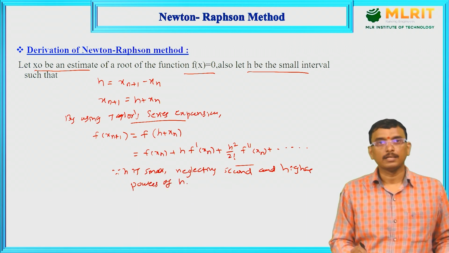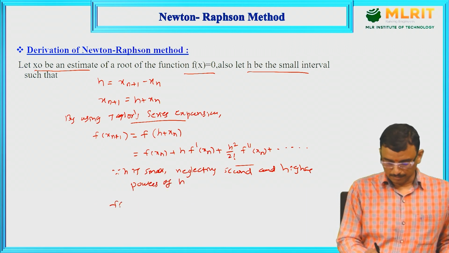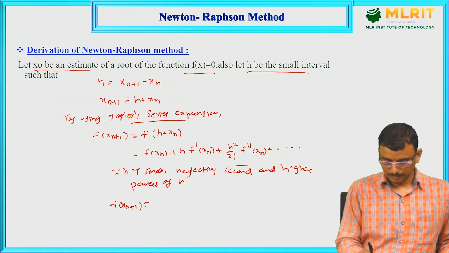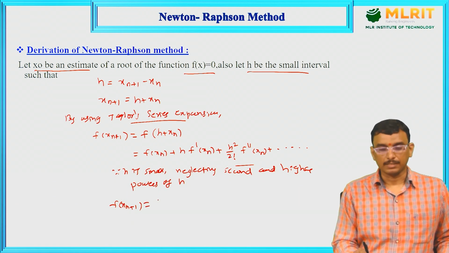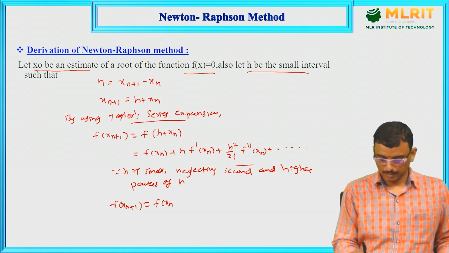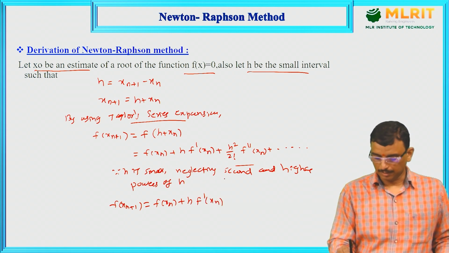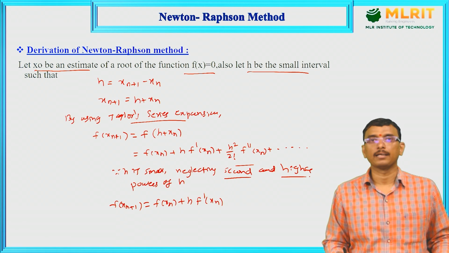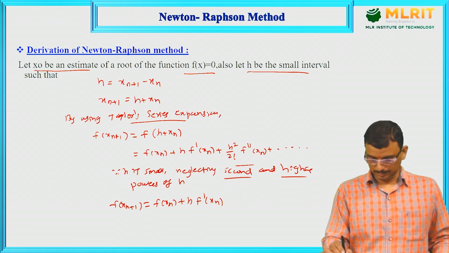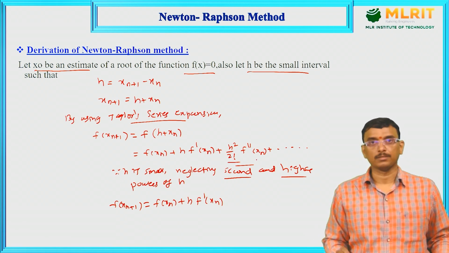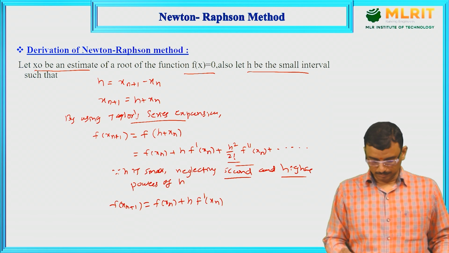So that is f(x(n plus 1)) is equal to f(xn) plus h times f dash of xn. Since h is small, we are neglecting the second and higher order powers of h. So h square, h cube and so on are all equal to 0.